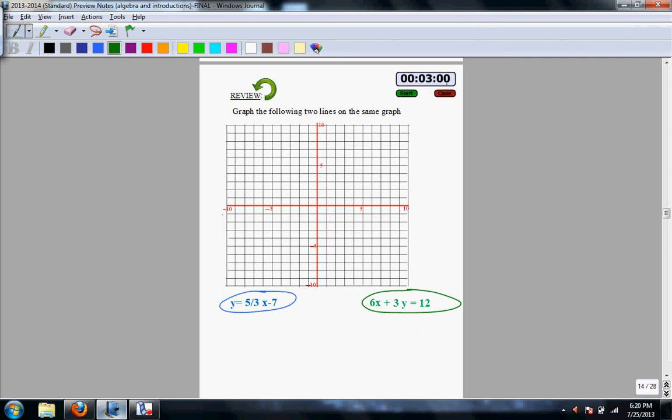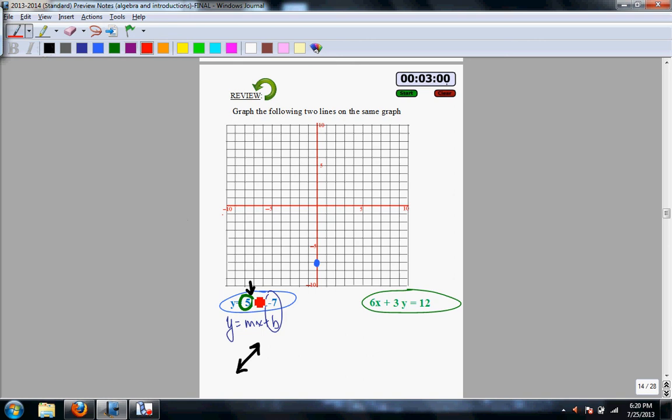Okay, so here we are. We have y equals 5/3 x minus 7. So right underneath, I'm going to write y equals mx plus b. And I see that my b is -7, so I'm going to start right here at -7. My slope is a positive slope, so just make a mental note: we have to go up from left to right. My rise is 5.